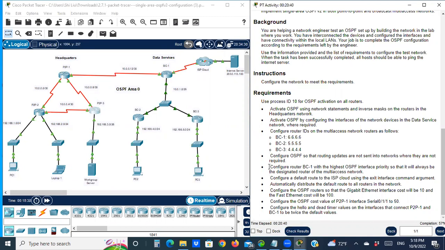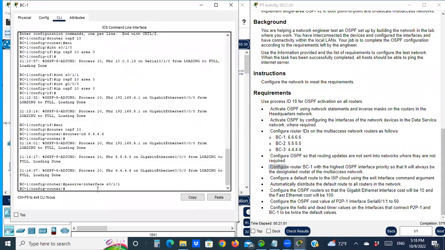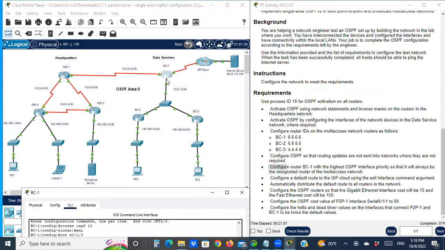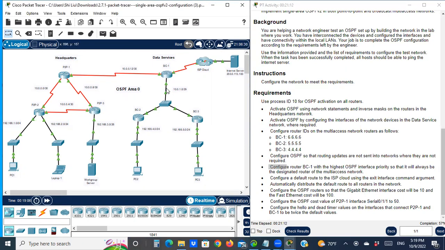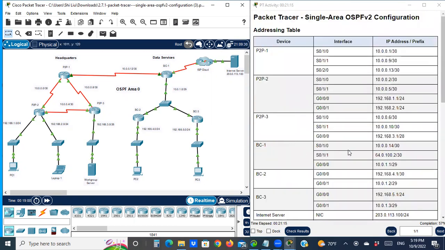We finish it. So next is configure router BC1 with the highest OSPF interface priority so that it will always be the designated router of the multi-access network. BC1 with the highest priority. Okay, so the interface is supposed to be this one, the G0/0. PW1, this one, G0/0.